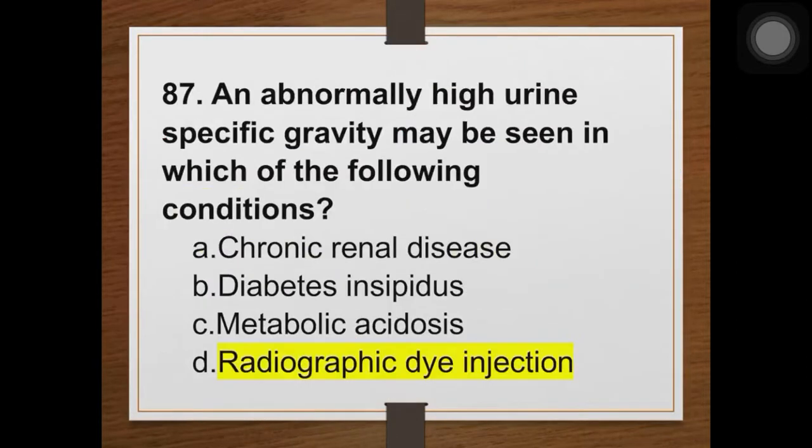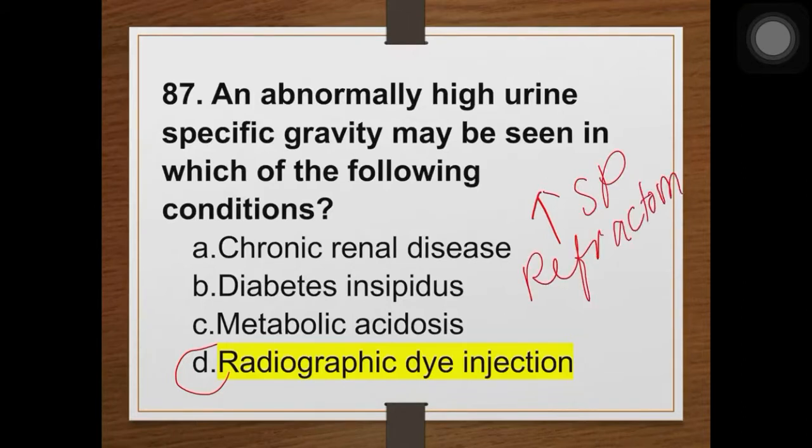Number 87. An abnormally high urine specific gravity may be seen in which of the following condition? In the presence of radiographic dye, characteristically increase ang urine specific gravity when taken with a refractometer. Ang urine specific gravity is greater than 1.040.